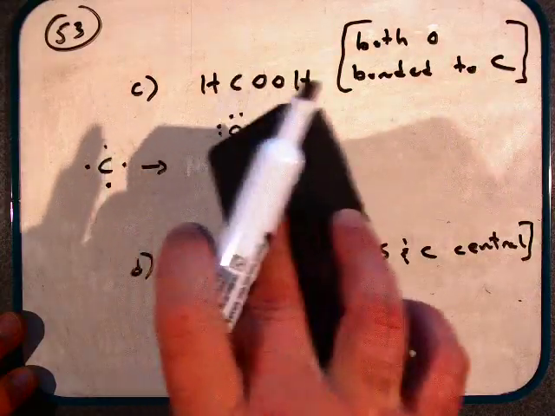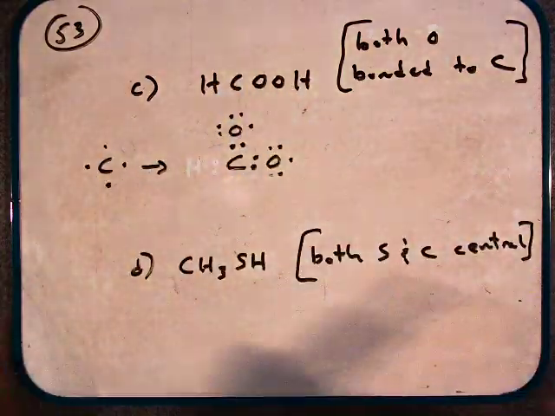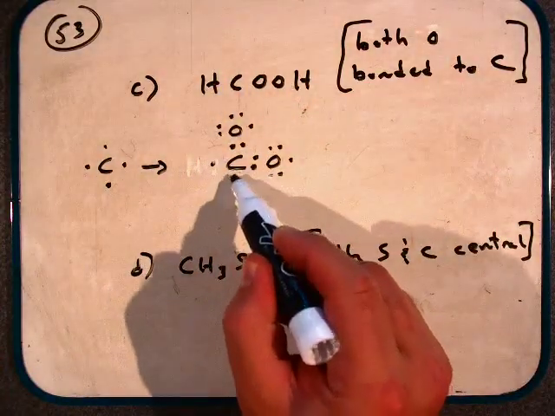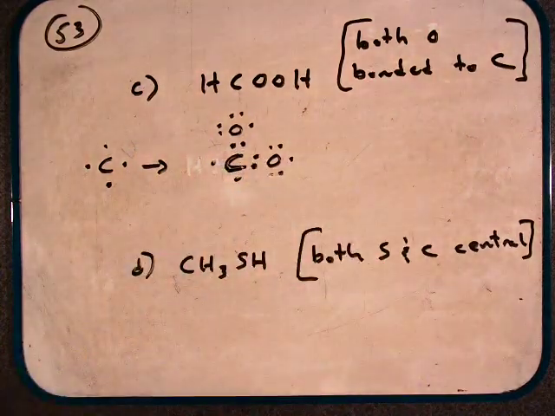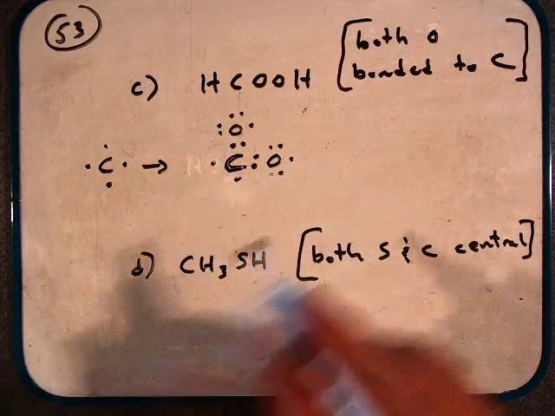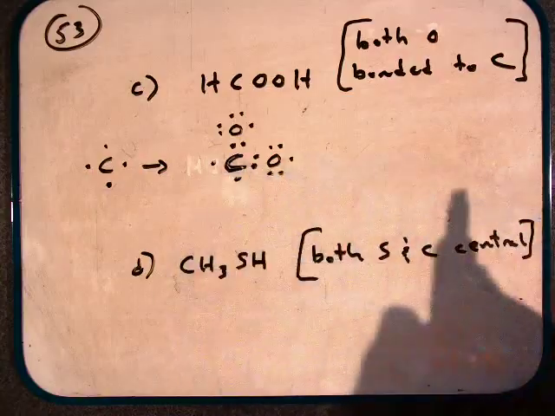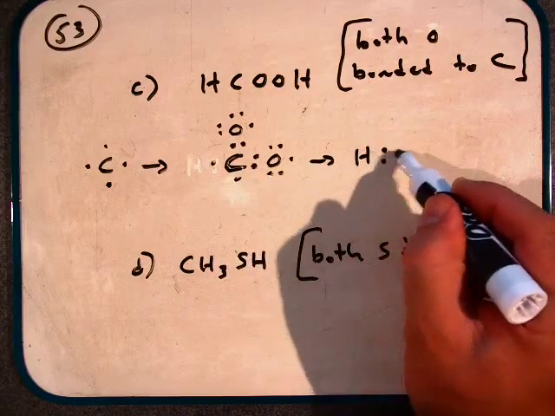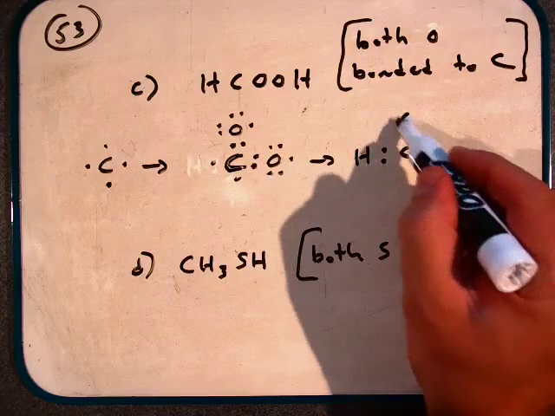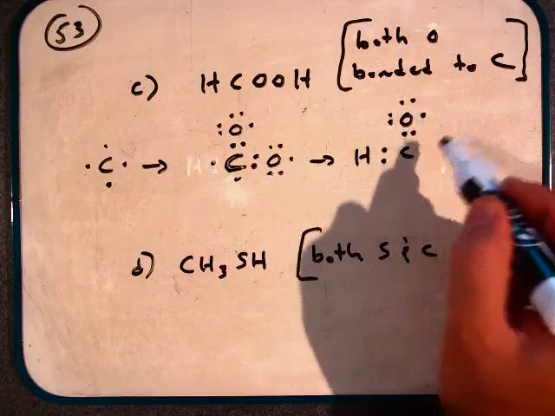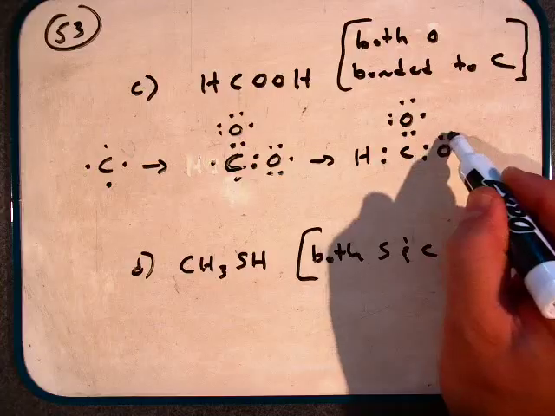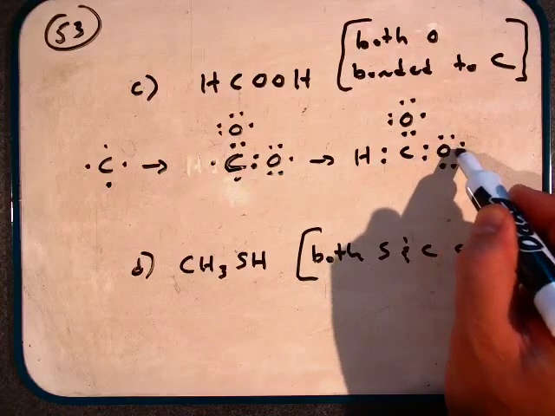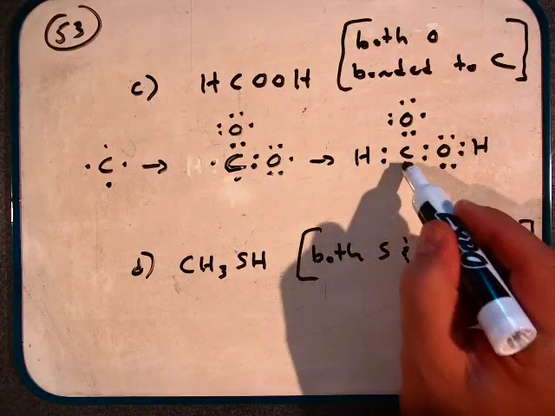But we know that the 2 oxygens are actually bound to that carbon. So what's another way we can orient this? And so let's put our hydrogen on the carbon, and then we will take the other hydrogen and bind it to one of the oxygens.